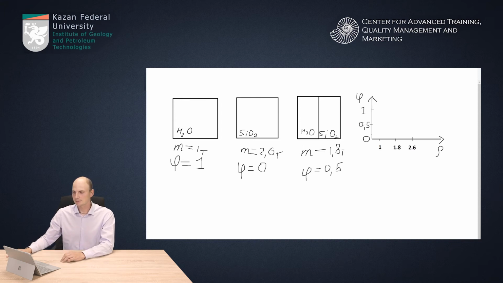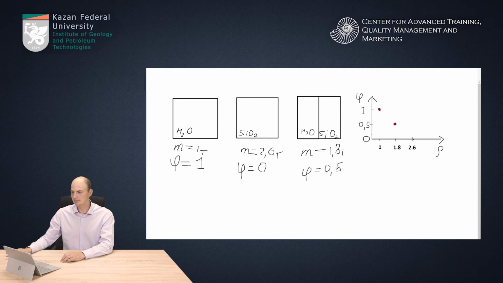Now let's look at the graph. On the y-axis, we put porosity, while on the x-axis, we put density. In case the density equals 1, we have porosity equals 1. That gives us this point. In case of density equals 1.8, we have porosity equals 0.5. That gives us this point. And in case of density equals 2.6, we have porosity equals 0.